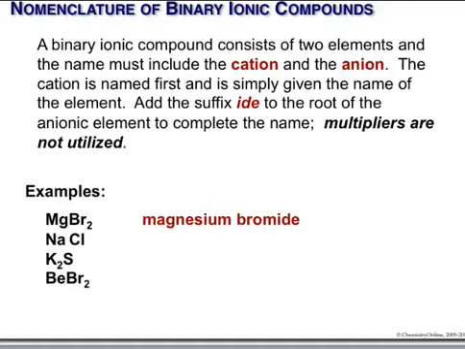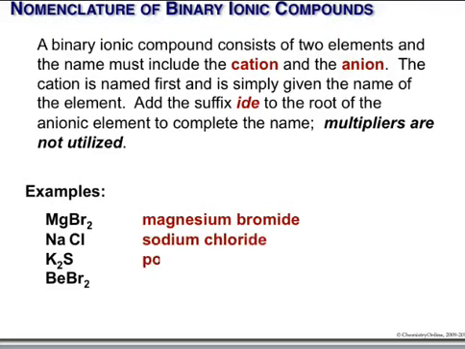I need 2 -1s for every +2, and that's where we are. 1 sodium, 1 chlorine. Sodium is our first word. Our root is going to be chlor. And we're just going to add ide. K, of course, is potassium. This is sulfur. The root is going to be sulf.